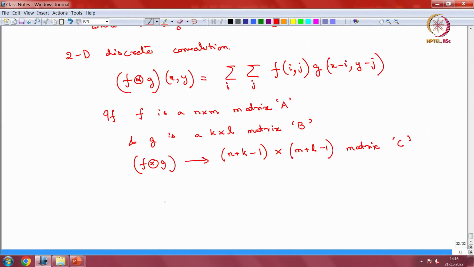Now, in order to calculate the individual terms of the matrix, let us say Cxy is one term of the matrix. Then what you have to do in order to evaluate Cxy is sum over i and j, just like last time, but in this case you have A(i, j), and for the other matrix you will have B(x minus i plus 1, y minus j plus 1).